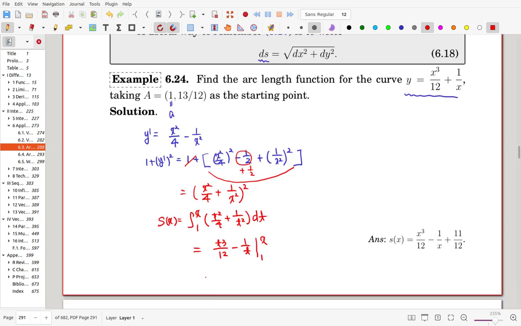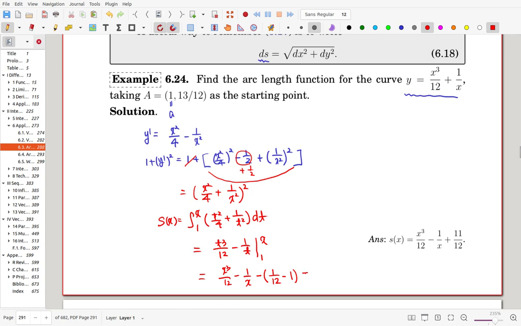Now, once t is x, not t, must be x, that is x cubed over 12 minus 1 over x. And once t is 1, then that is 1 over 12 minus 1.